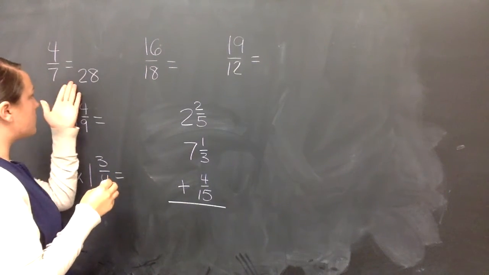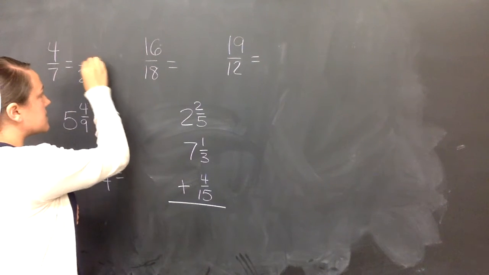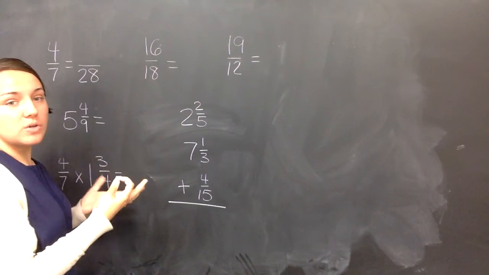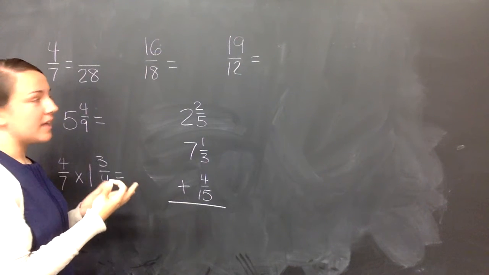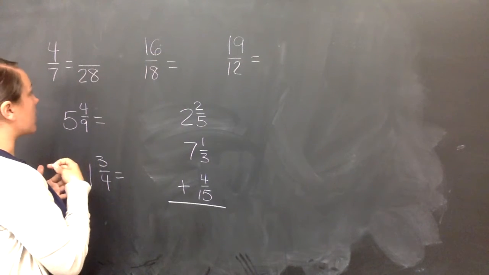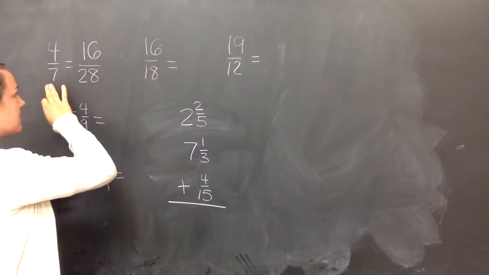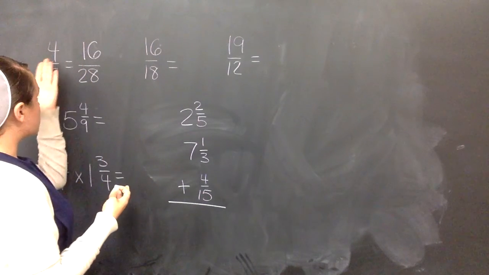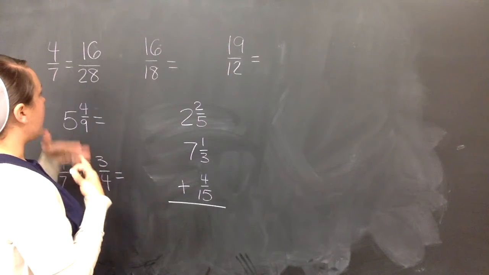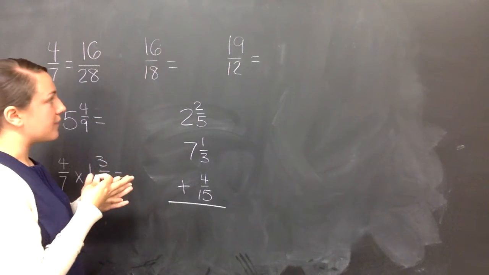So 7 times 4 equals 28. That means that to find our numerator, we also go 4 times 4, and 4 times 4 equals 16. Because 7 times 4 equals 28, we also multiply 4 by 4. And then we have 16 over 28.